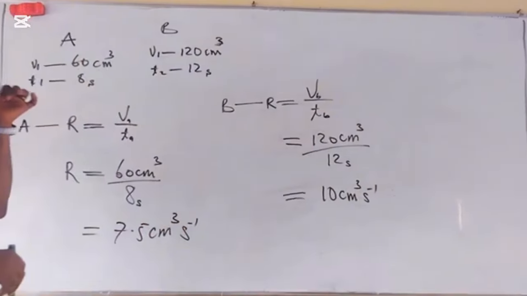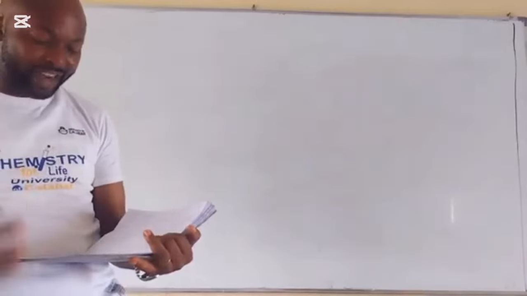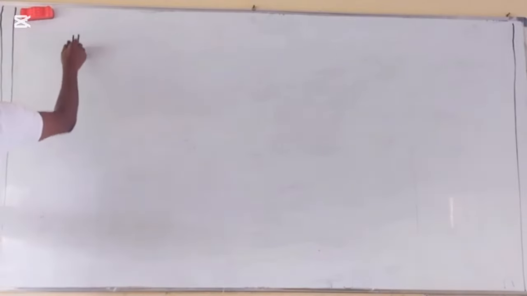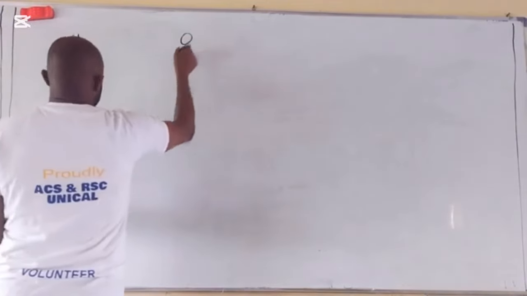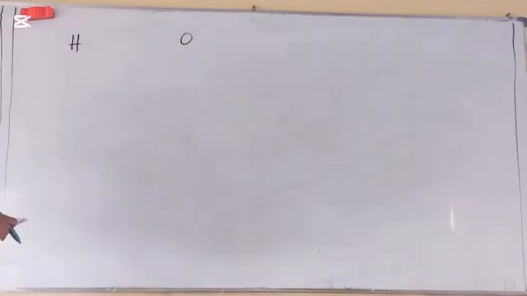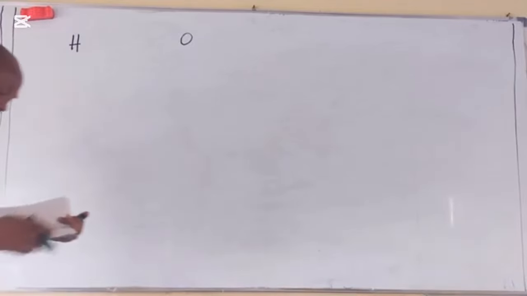So that's that. How many times is the rate of diffusion of hydrogen faster than that of oxygen? And what law do you use to get the answer?